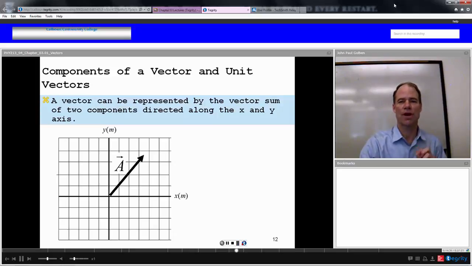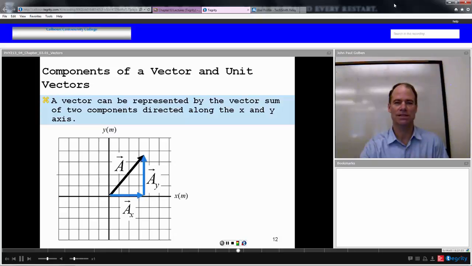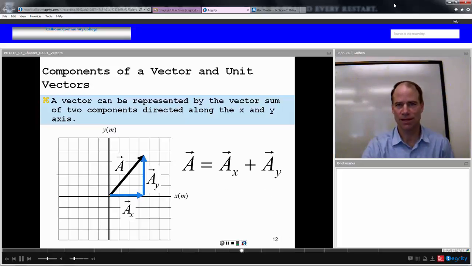I'm going to express A as the vector sum of 2 smaller vectors, A sub x and A sub y. A sub x added tip to tail to A sub y comprises vector A. So I can write it in vector form like this: A is equal to A sub x plus A sub y as vectors added together.